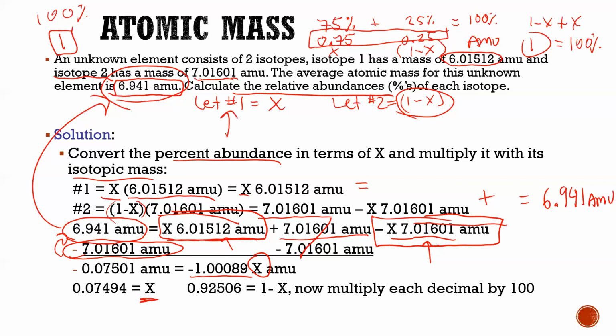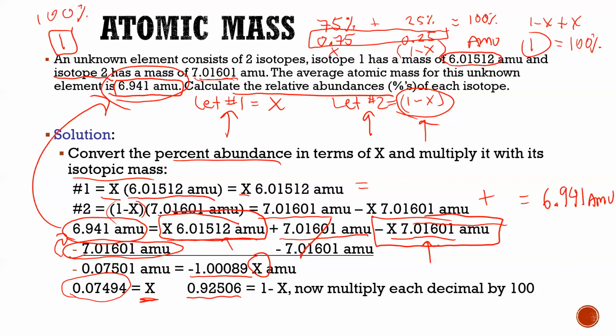So what did we say x was? X was the abundance of isotope number 1. So how do I get the abundance of isotope 2? Well, we said we were going to make it 1 minus x. So 1 minus x, this is my x. When I subtract 1 by x, I get 0.92506.